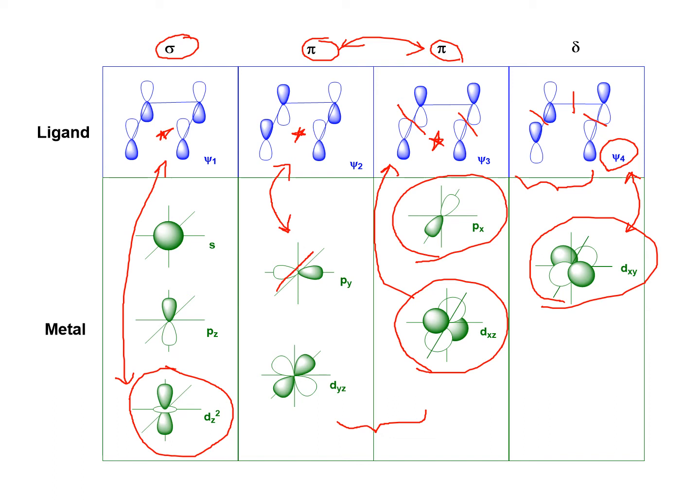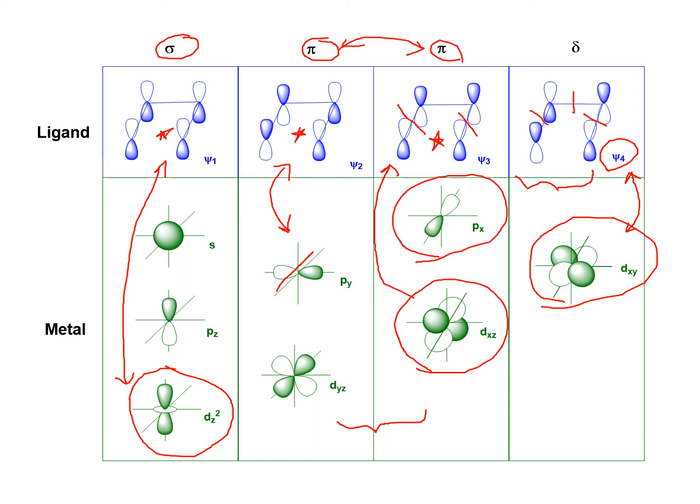So the delta overlap is one where if you rotate it by even 45 degrees, you will lose overlap and it will become 0. And if you rotate it by 90 degrees, you will come to an alternate configuration which can be combined by putting a minus sign. So you can check this out for yourself.